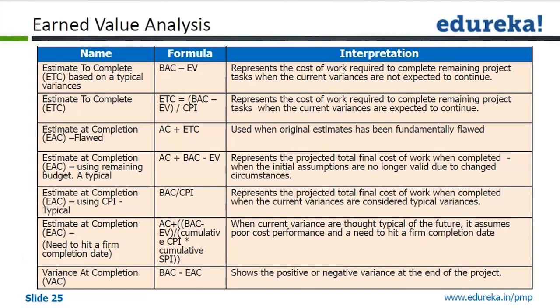Estimate at completion using remaining budget represents the projected total final cost of the work when completed, when the initial assumptions are no longer valid due to changed circumstances. That means actual cost plus budgeted completion minus earned value, which is AC plus ETC.